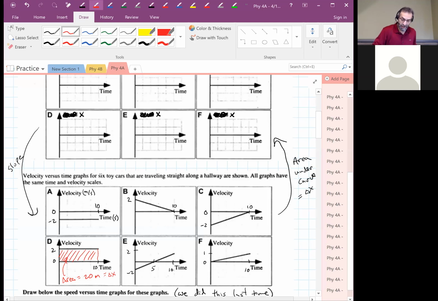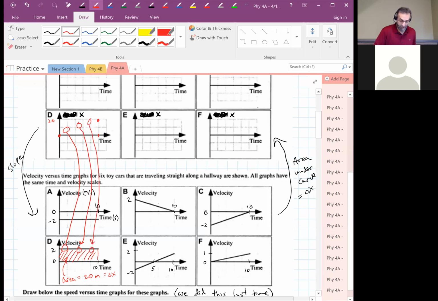So if x started at 0 at t equals 0, and at t equals 10 it's at 20, then we've got our endpoints. Now we just have to figure out what happened in between. We know that the slope of our position versus time curve is the velocity at that instant. So the slope at each point has to correspond to the velocity at that point.